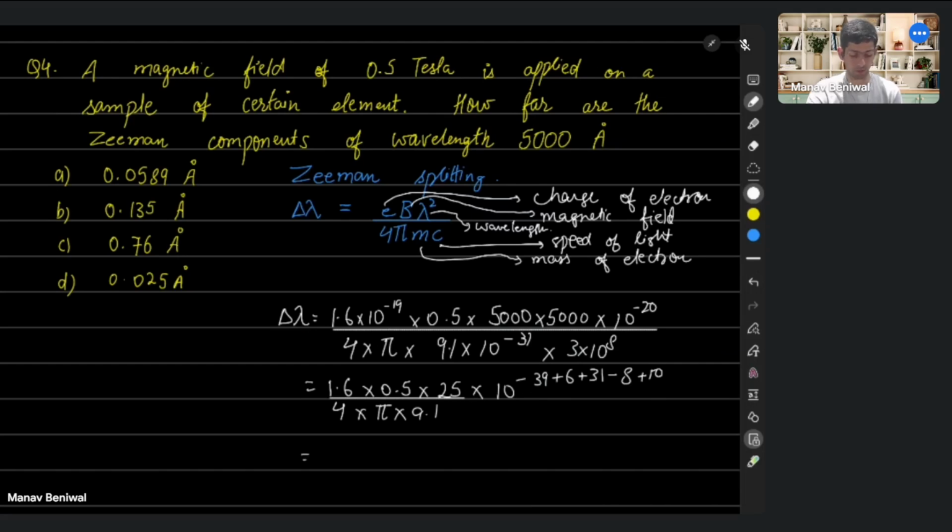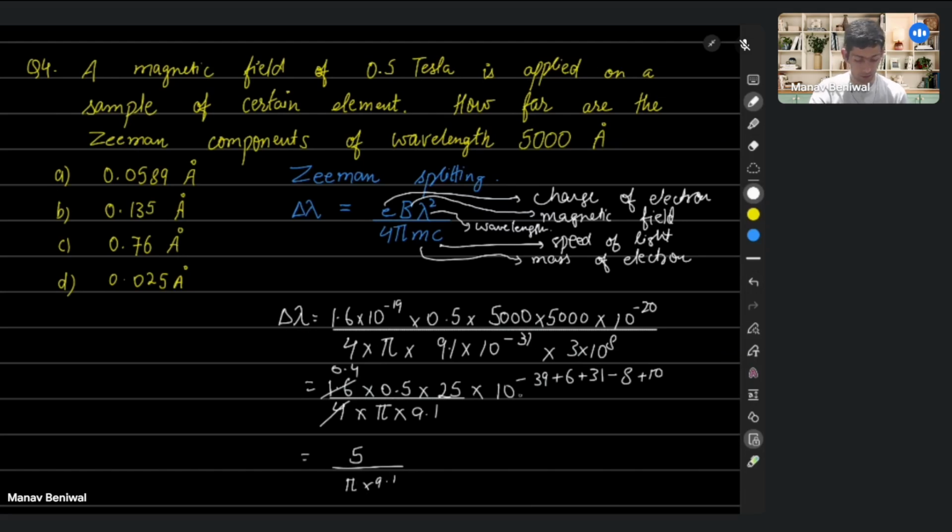So the 4 will cancel out, this will become 0.4 and this will become 0.5, so this will become 0.2, and into 25, that will be 2 into 2.5, so this just becomes 5, and we divide this by pi into 9.1.